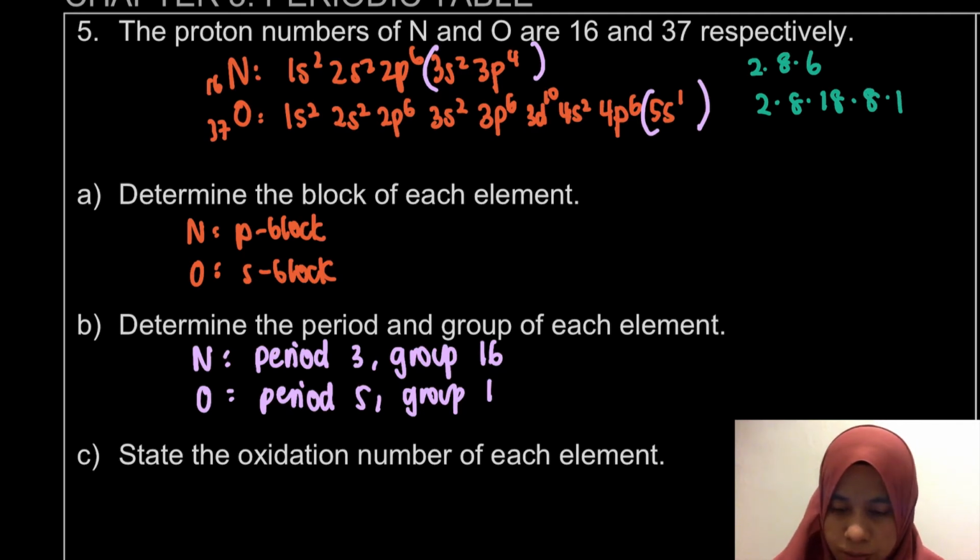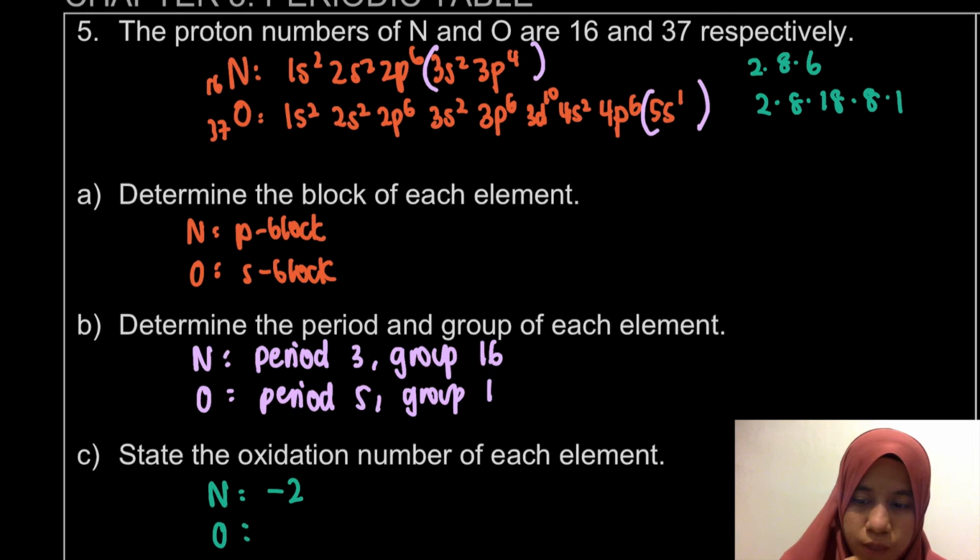So, here again, it could be positive or negative. Any smallest number lah. So, sebenarnya it is easy for N to gain 2 electrons. So, if it's gaining, it's negative 2. Kalau O ni, it is easier for it to donate electron to achieve octet. So, jadi positive 1.